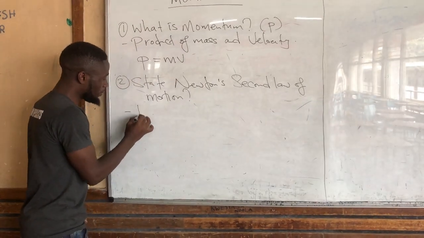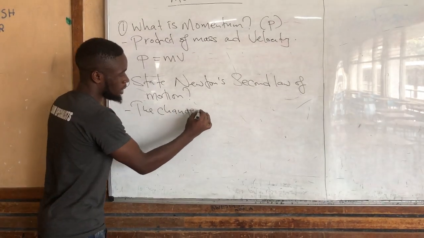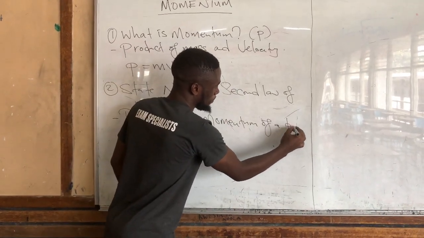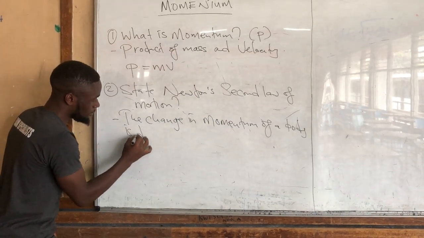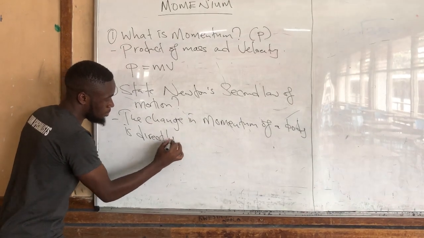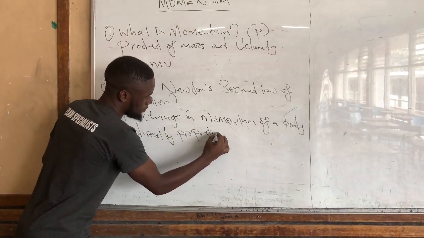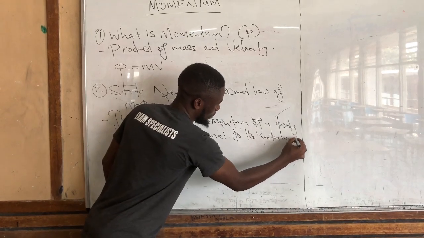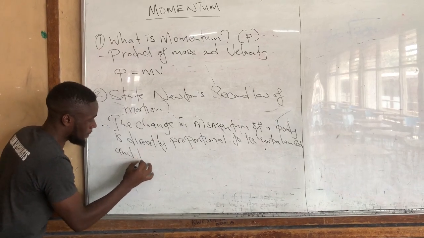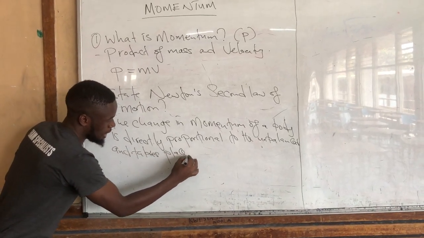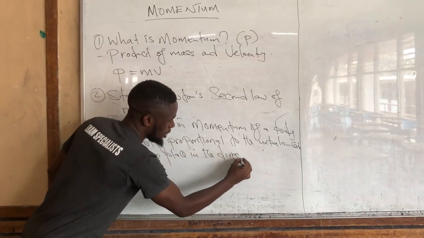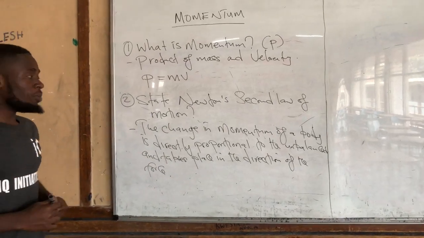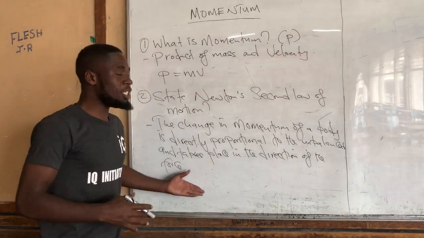So the change in momentum of a body is directly proportional to the unbalanced force and takes place in the direction of the force.